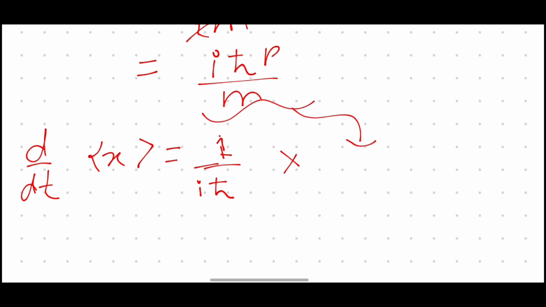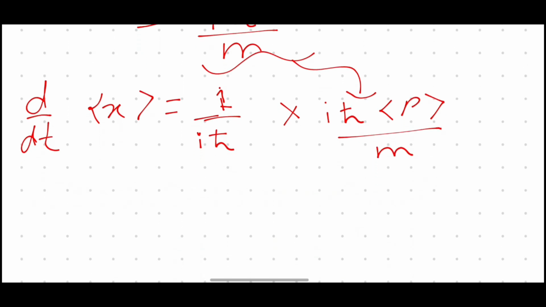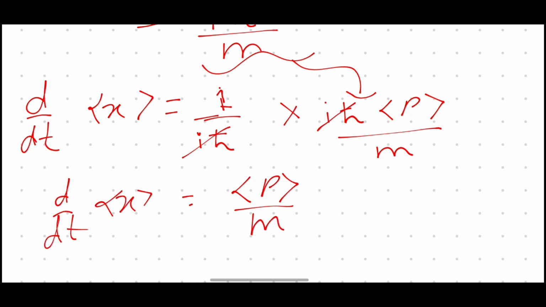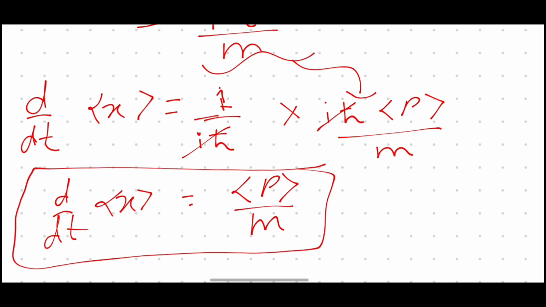So we are going to multiply it here, which is i h cut, and we take p in the expectation bracket, and so we cancel it again, and we get p upon m. This is the first part of what we got in the form of equation.